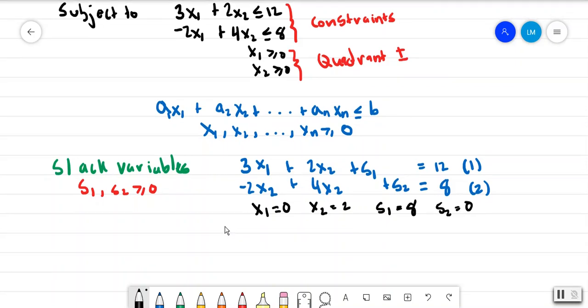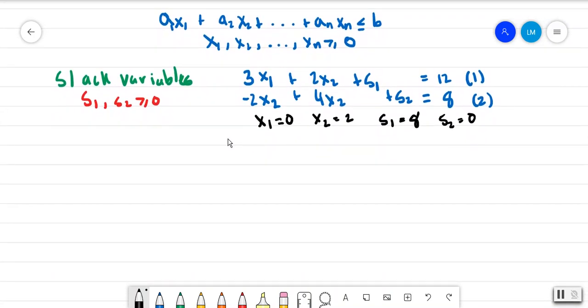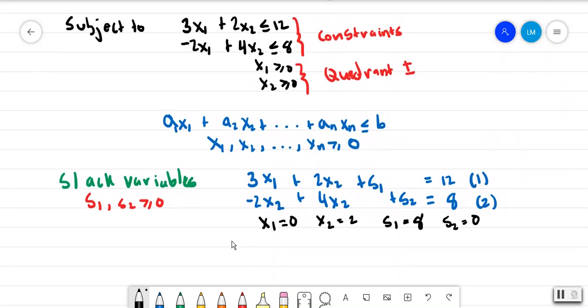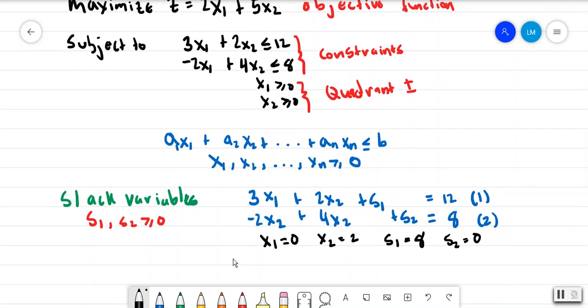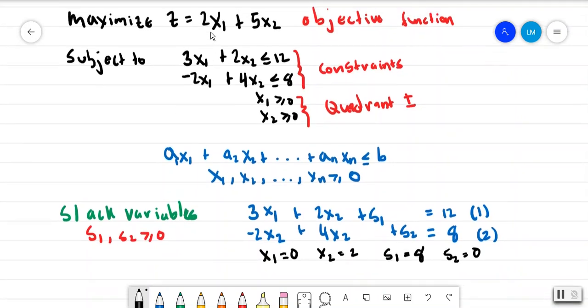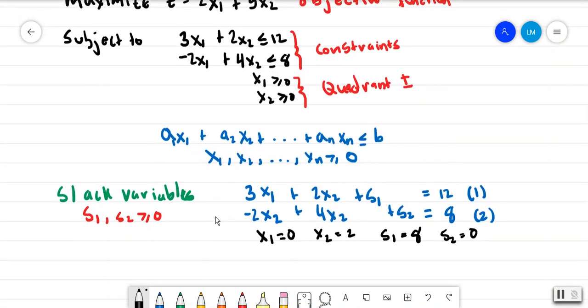Now, here's where we need to add in more information. Notice that we have an objective function that says 2x1 plus 5x2 is equal to z. The thing I need to do with the objective function is convert it also to a linear equation, with all variables on one side. So we're just going to write negative 2x1 minus 5x2, plus z equals 0.